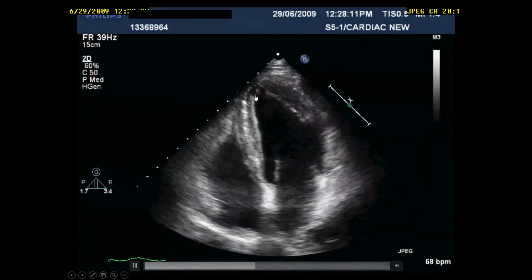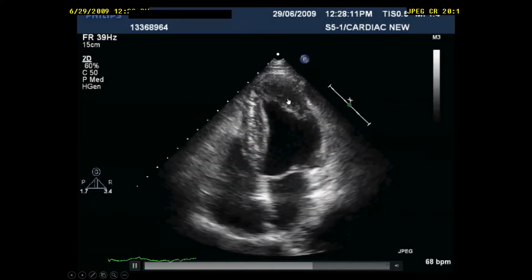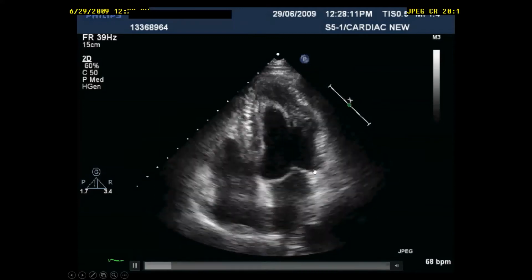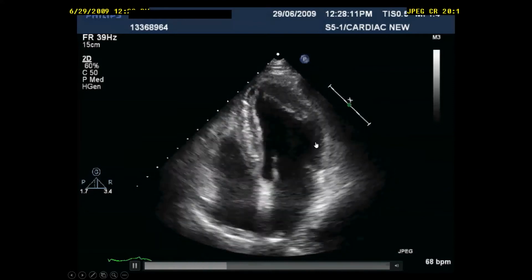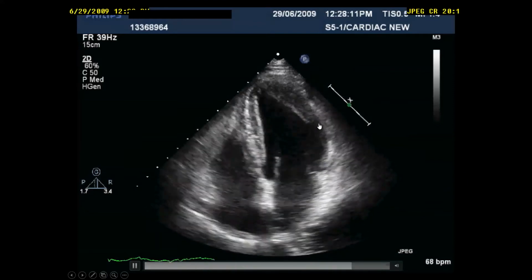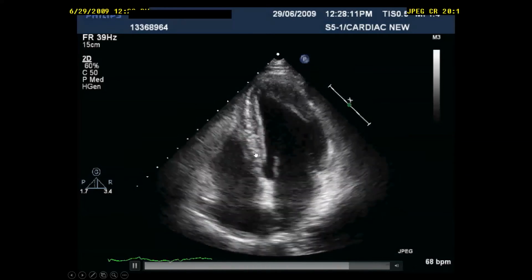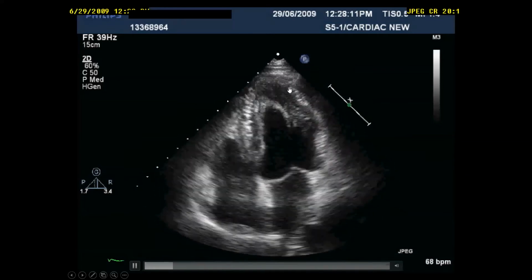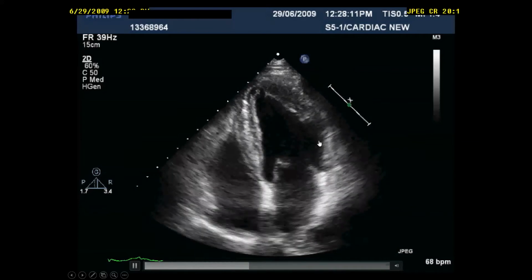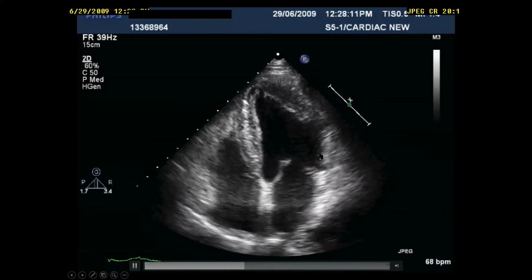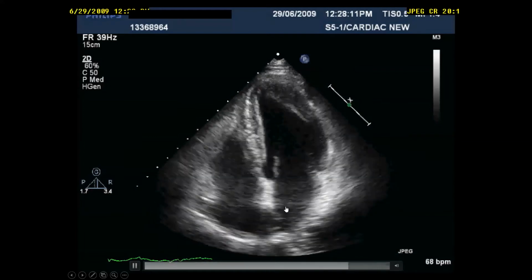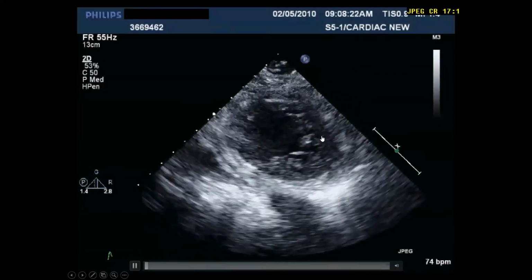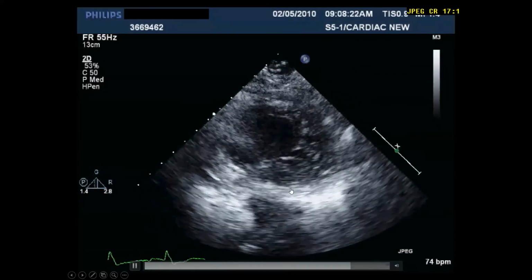What are we dealing with here in the apex? We don't know, but this view is not so helpful. What is helpful here is that I see the akinesis of the lateral wall. And compare it here, it's contracting, apex is contracting. When it comes to the posterior wall, lateral wall, again, it's not contracting. Now, this is toward the apex, and again, it's hypokinetic apex.